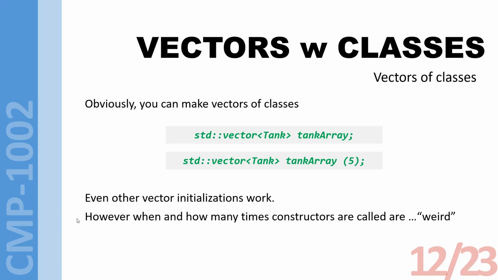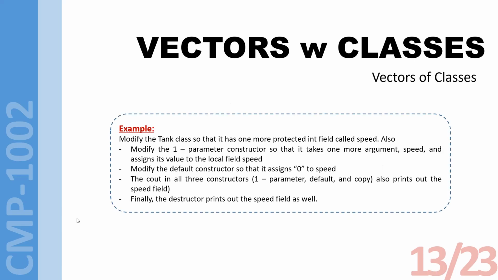In the first example, I can just open up a tank class, an array of the tank class that we have worked on in the previous weeks. But again, the first one is an empty vector. The second one is going to start with 5 tank items. All of them are going to be initialized somehow. We'll see very fast. Okay, so first of all, just before continuing, I'd like to make a little modification to the tank class.